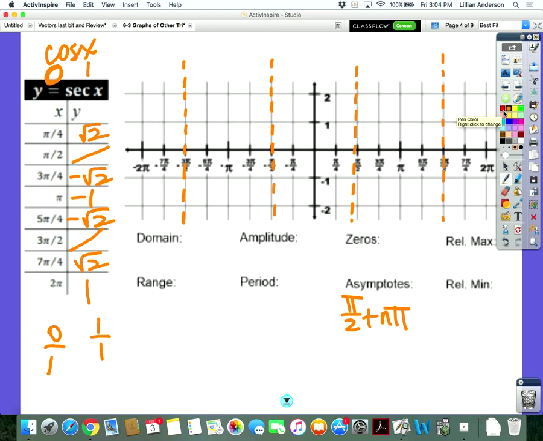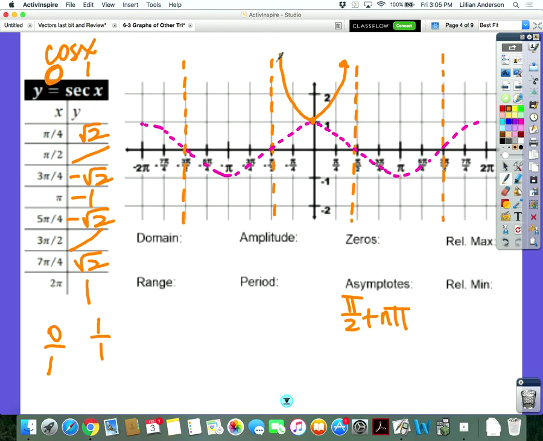Alright? So real quick, I'm going to graph cosine, just so you guys can see it. It doesn't have to be, but I don't want you guys to get distracted by it. So I'm just using it as a guide. Just like with cosecant, secant works the same way. Wherever there's a high point on cosine, there's a minimum on secant.